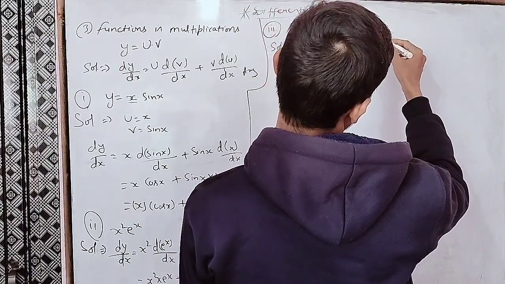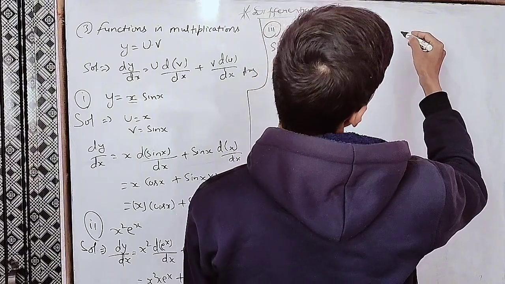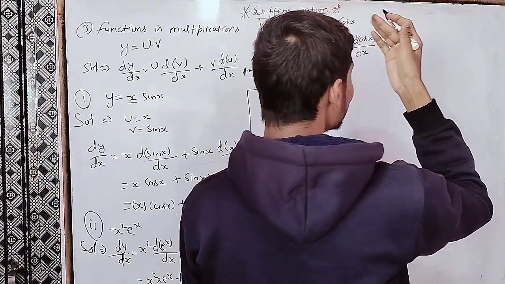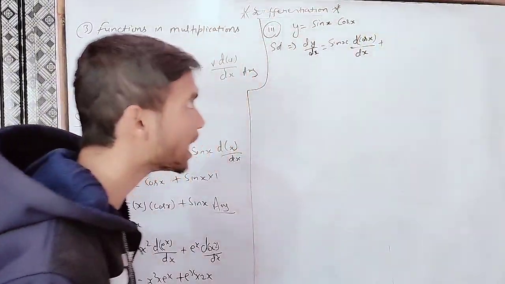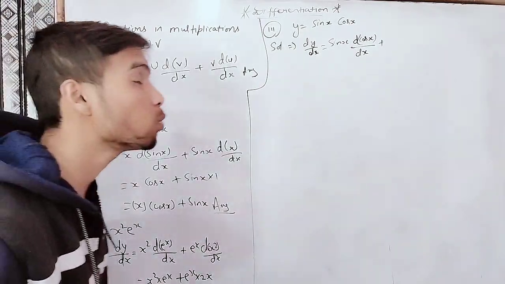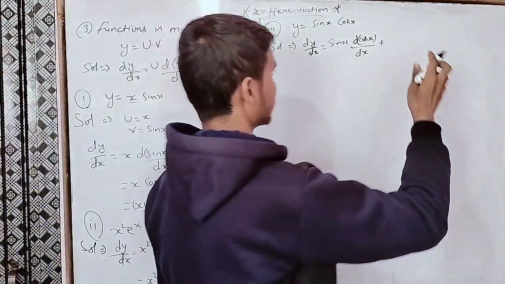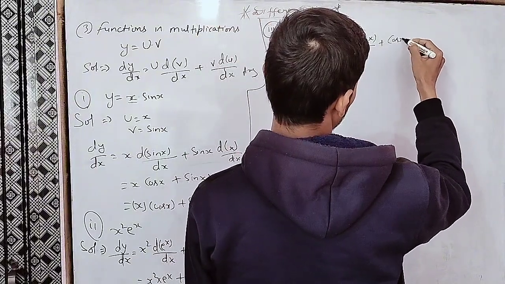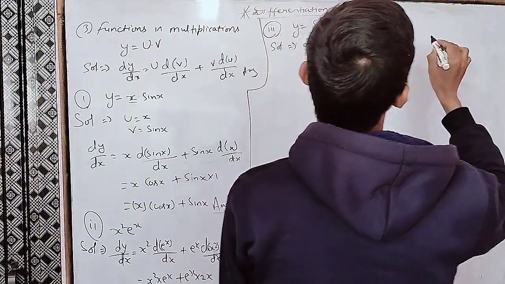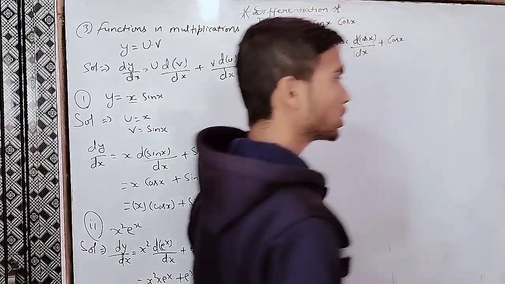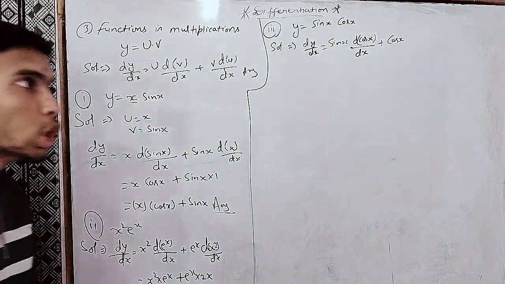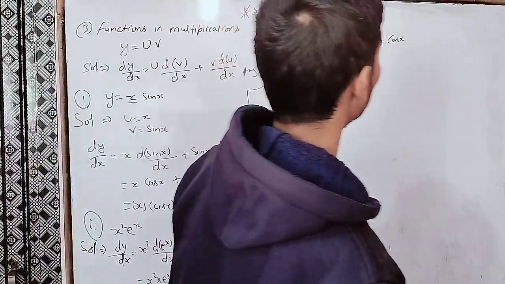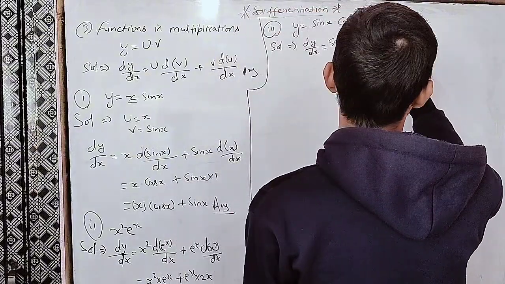Then add the second. After add, the second would be written as it is, this second function. Then the first function would be written to do differentiation.